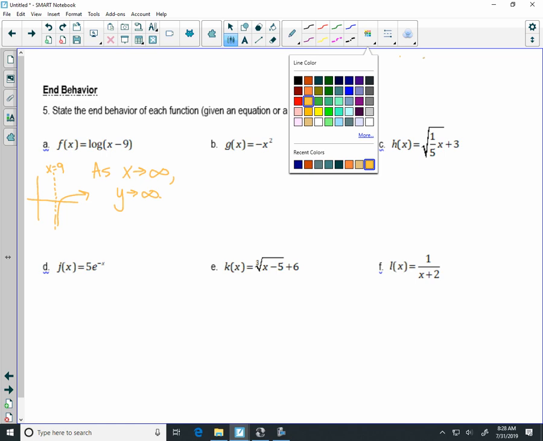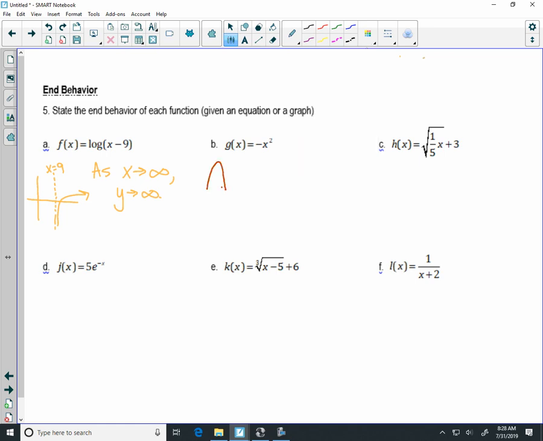For B, here I have negative x squared. That negative is going to flip x squared down. So x squared is going to look something like that. We can evaluate end behavior both as x approaches infinity and as x approaches negative infinity. As x approaches negative infinity, here we're going down forever.